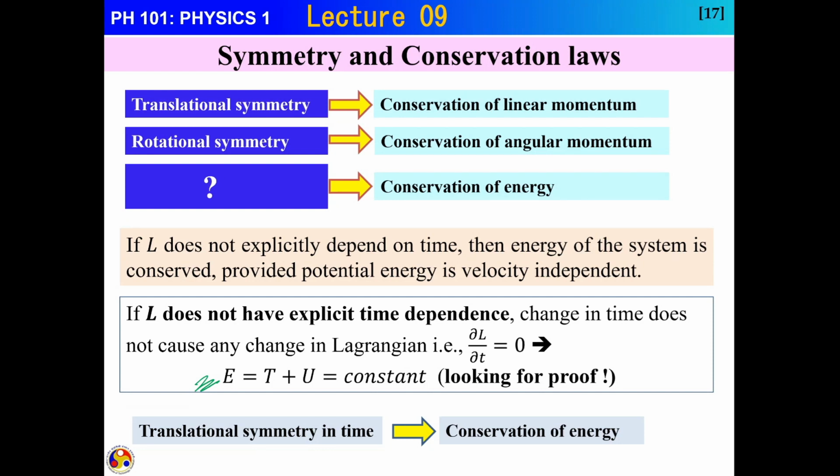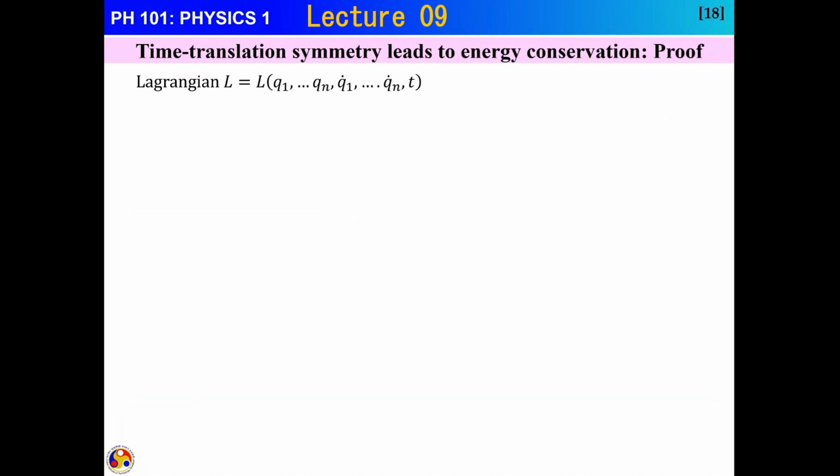Can we prove it? Let's look at it quickly in the next 5 minutes. It's only mathematical form. I'm sure since you are very good in mathematics, let's take a quick way of it. Let's take the Lagrangian, which has a generalized coordinate, velocity and time. What will happen if I take a chain rule to get dL?